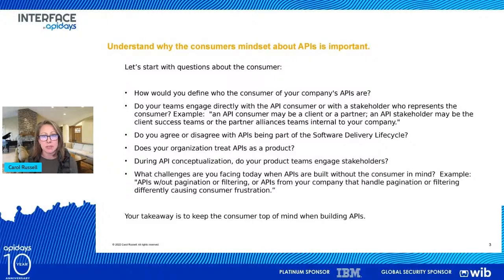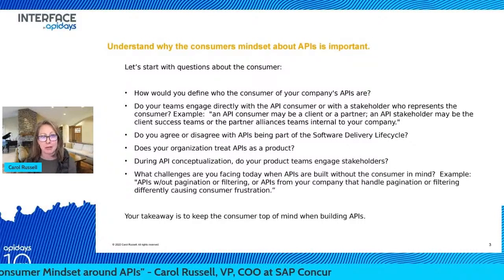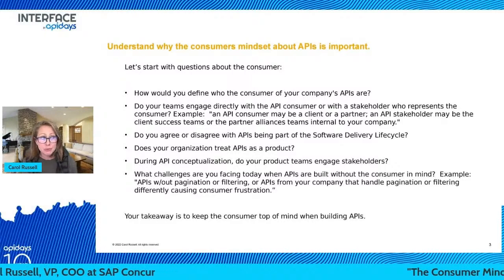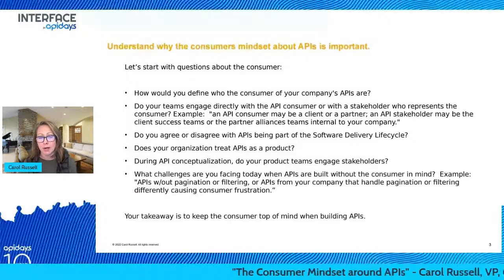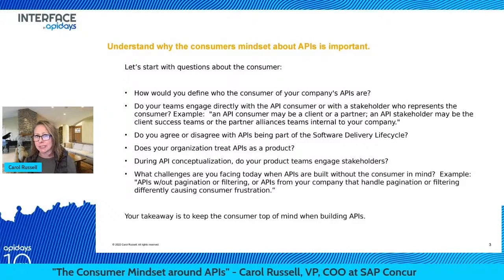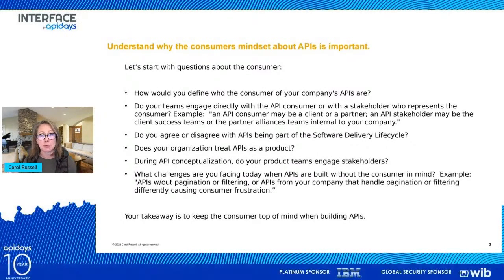I can give you specific examples, probably talk through 20 solid minutes about examples of these, but APIs without pagination or filtering are really challenging for a partner, for example. Or a situation where pagination or filtering is handled differently by various teams, if your partners are trying to interact with different products and bring the data together across your different products, and now you're having to interact with the APIs in a different way.